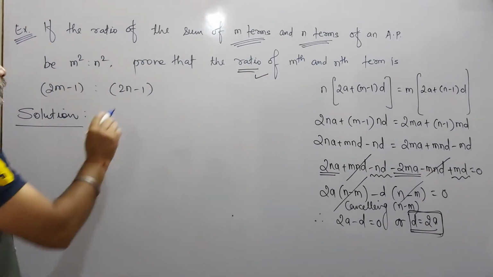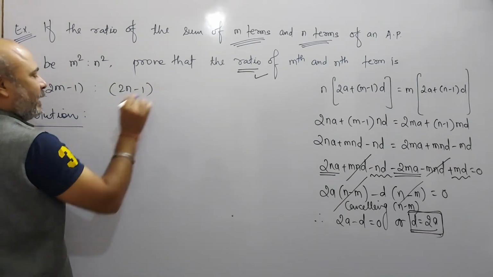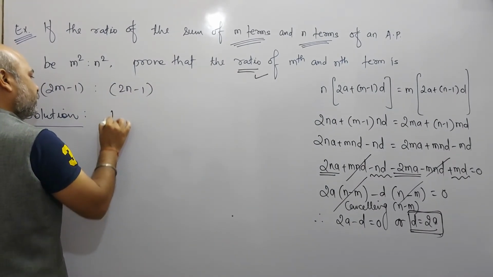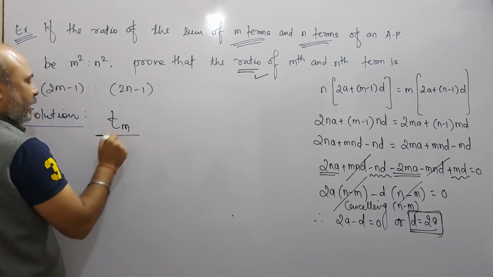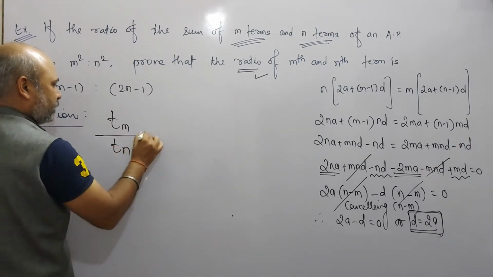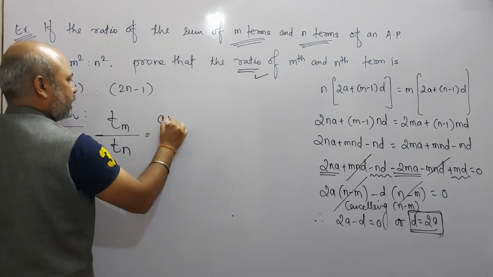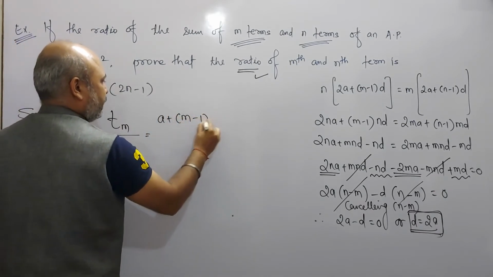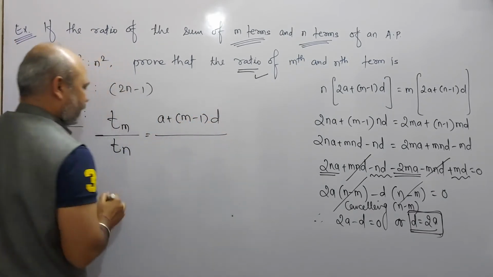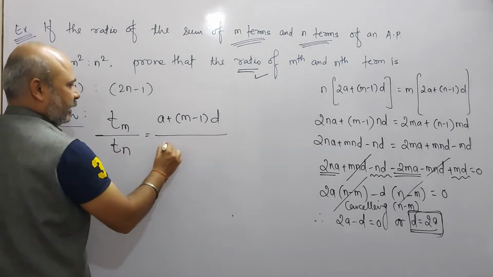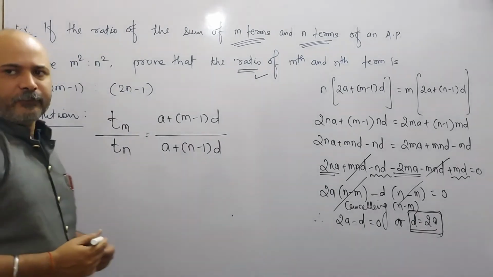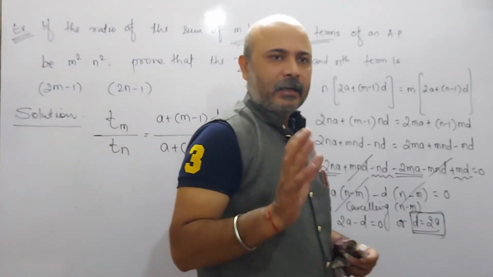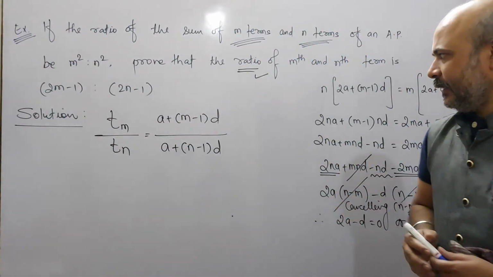So the ratio of mth term Tm divided by nth term Tn. So Tm is a plus m minus 1 into d, divided by Tn, which is a plus n minus 1 into d. So this is the formula of mth term and nth term of the AP.